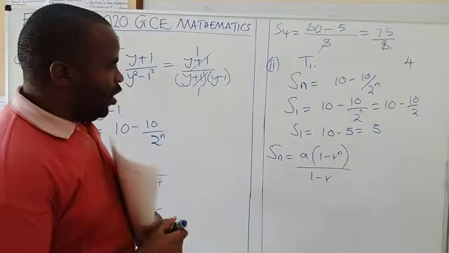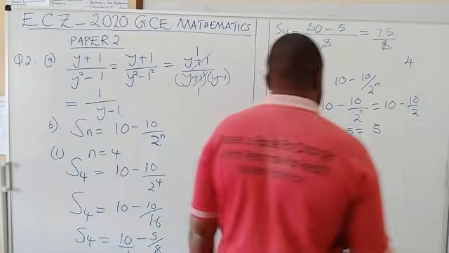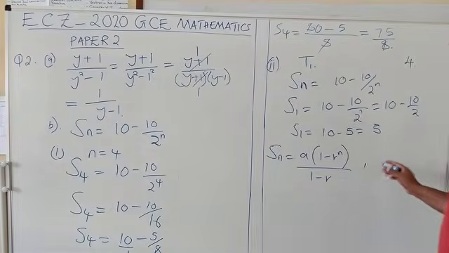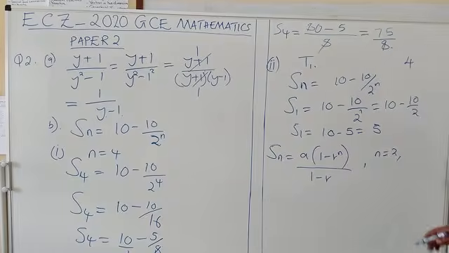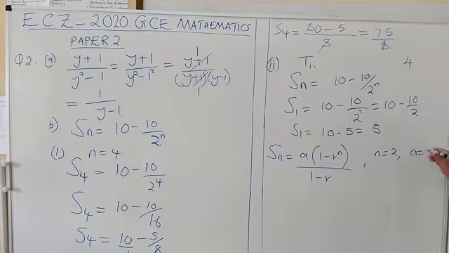Now, if we want to find the sum of the first two terms, it means our n becomes 2. That is our n. Then our A remains as 5.